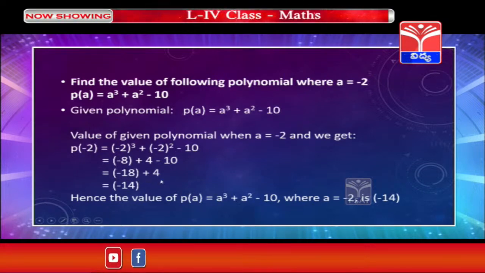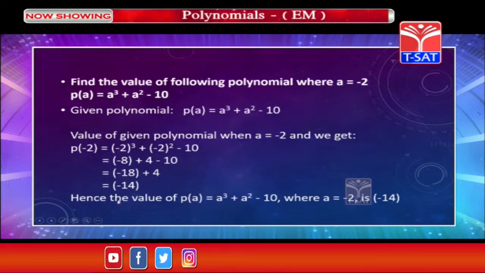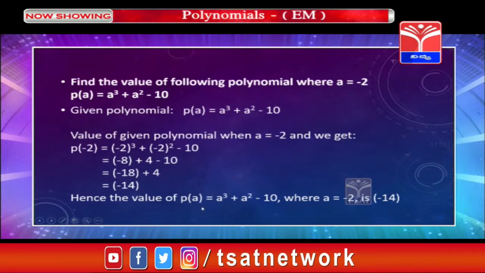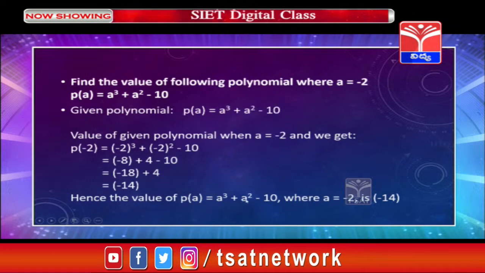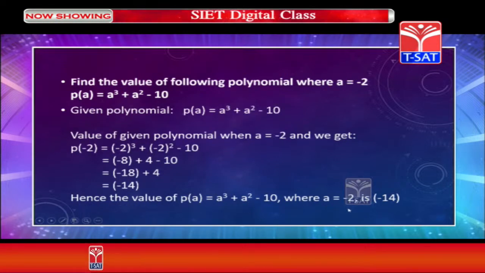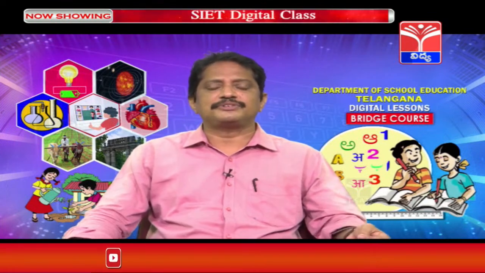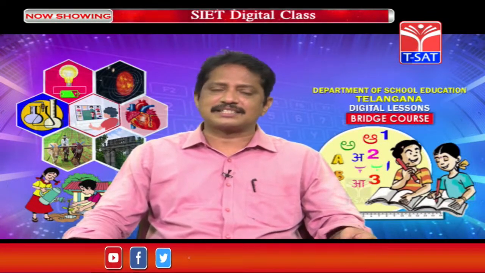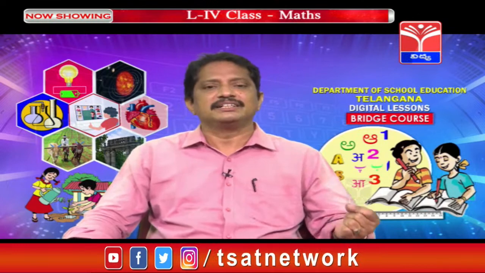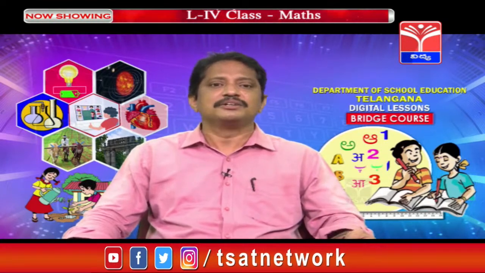So, minus 18 plus 4 is minus 14. Hence, the value of P of a cube plus a square minus 10 where a equal to minus 2 is minus 14, a simple substitution. This is very important. If you know how to find the value of a polynomial, as I already discussed, you can solve so many numerical problems.